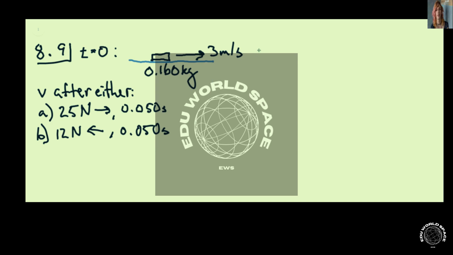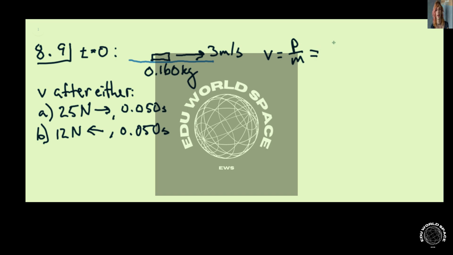So we know that the velocity of something is equal to its momentum divided by its mass. The mass of the hockey puck is not changing, so we don't have to do anything with that.